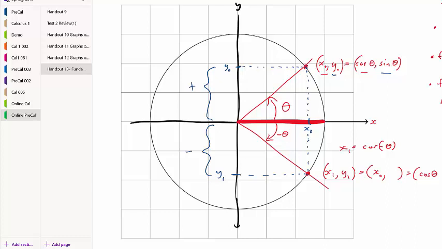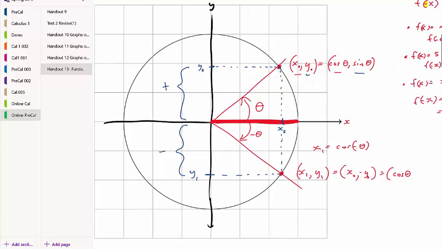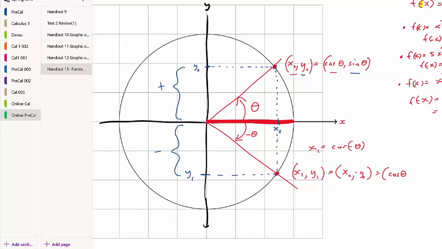So we note that y1 is the same thing as negative y naught. And so that negative y naught is the same thing as negative sine theta. And so our y1, that was again sine of negative theta.